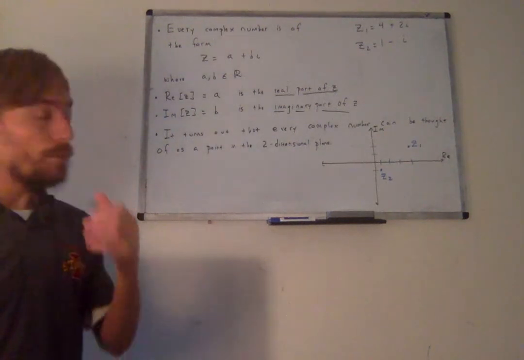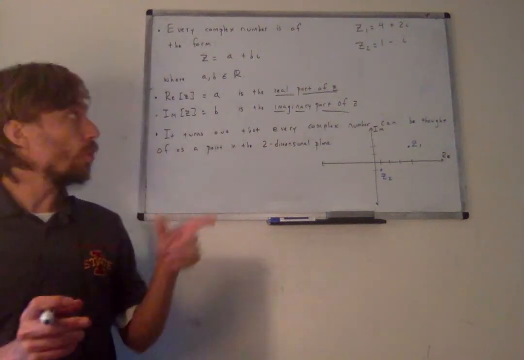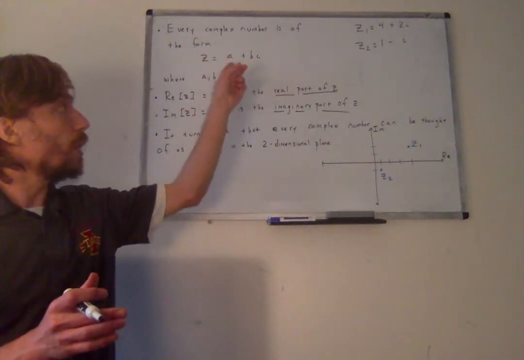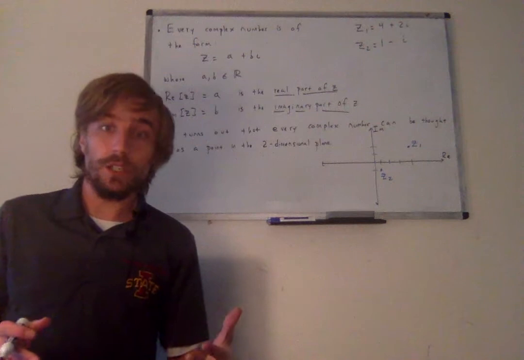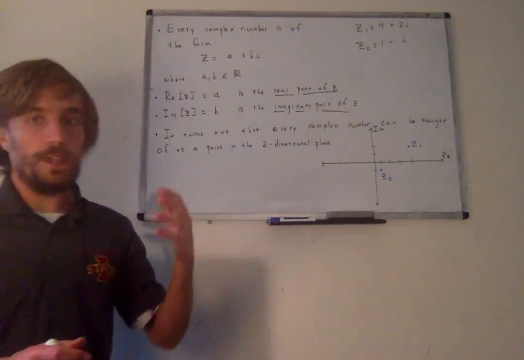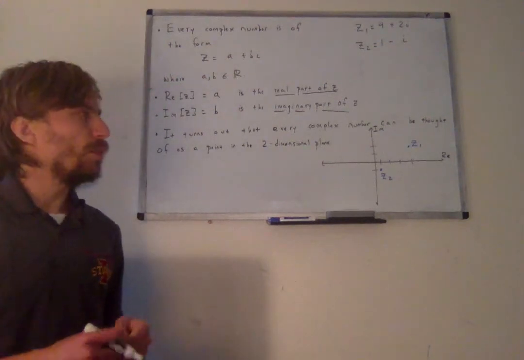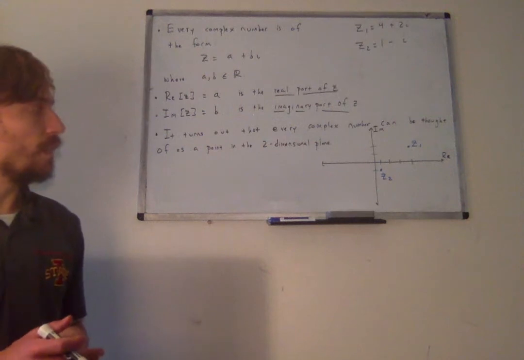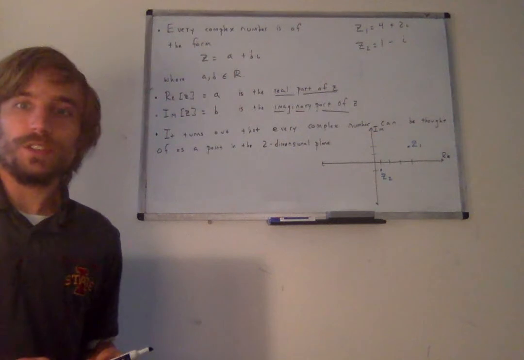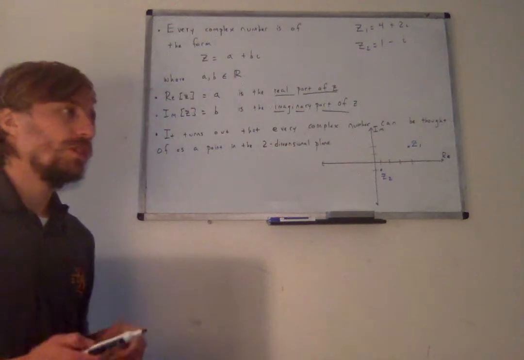Since each complex number corresponds to these two parts, one imaginary and one not, you could eventually show that the set of complex numbers as a vector space is isomorphic to R2. We won't be thinking of it that way today, but that would be a good vector space exercise.